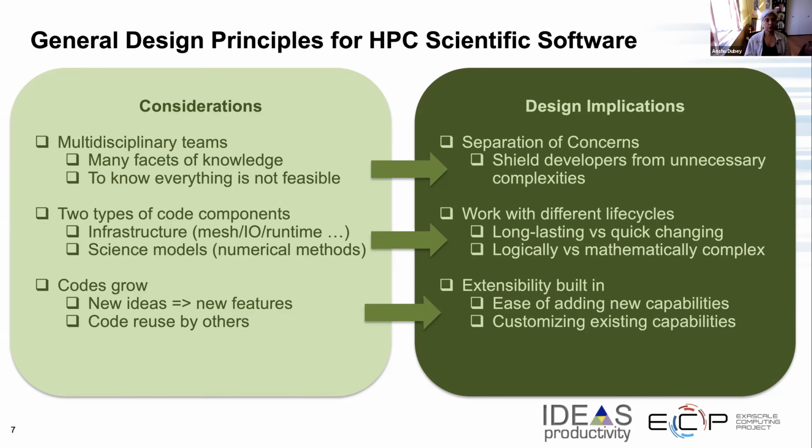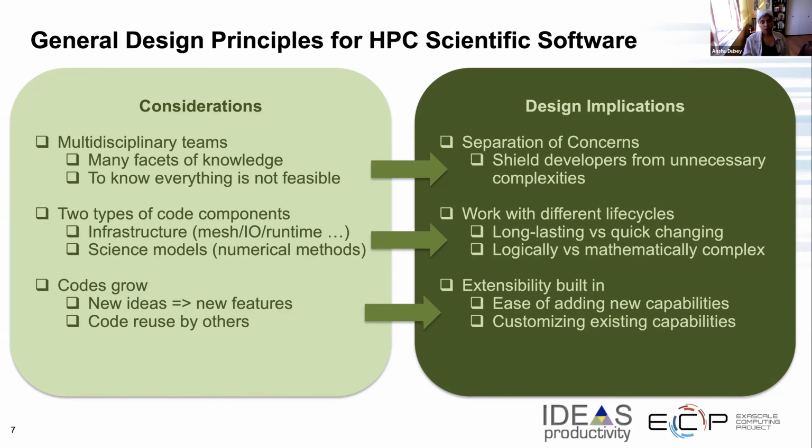The third consideration is that irrespective of the intention of the original developers of the code, if codes survive beyond a few months and a couple of years, they grow. Because people find the code useful, new ideas come. New ideas lead to new features and people start to reuse the code.